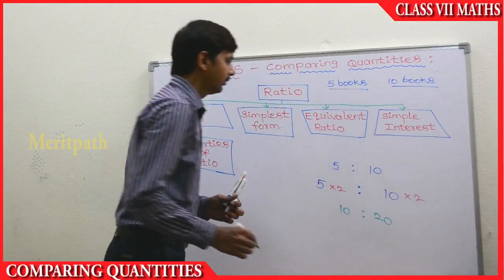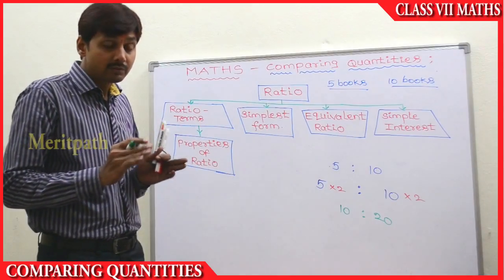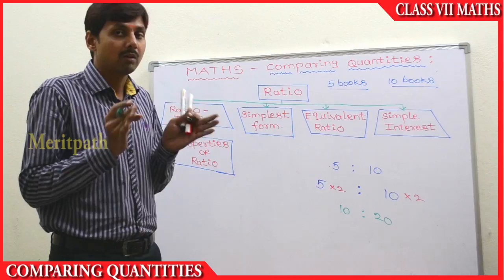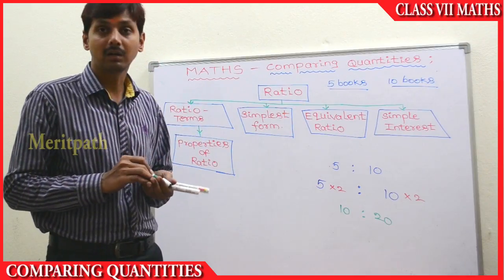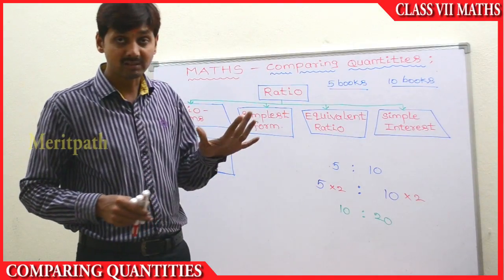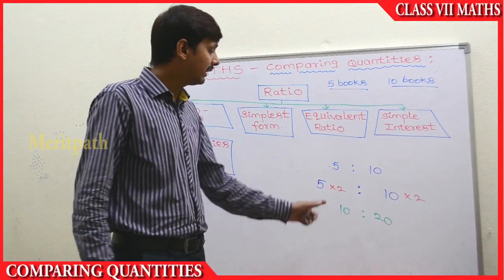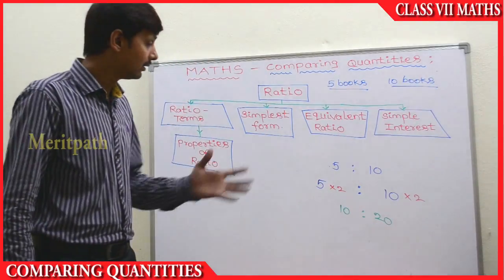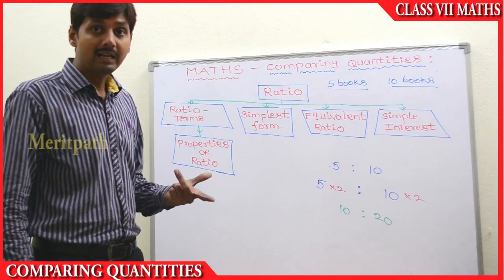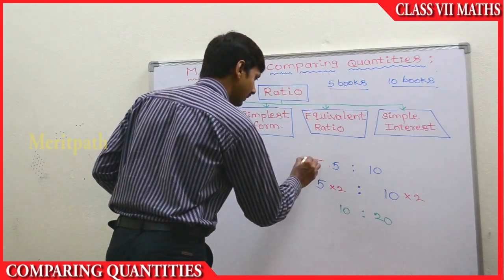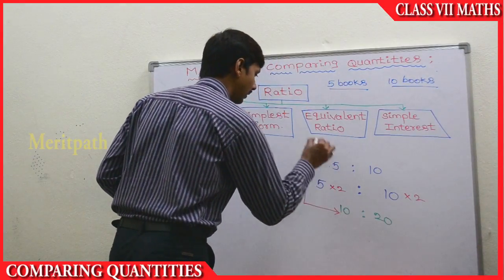When we multiply the antecedent and the consequent by the same constant number, into 2 and into 2, we get 10:20. This is similar to 5:10. For example, we take this 5:10 and this 10:20.